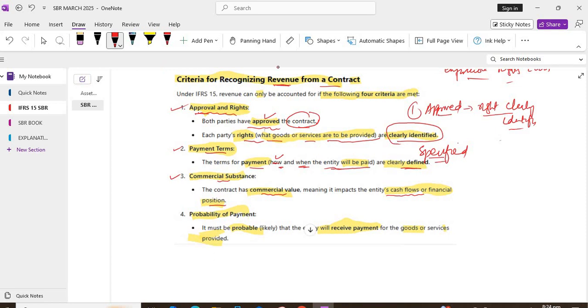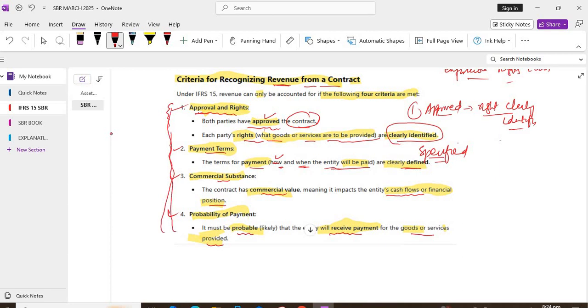The fourth one is probability of payment, meaning it must be probable that the entity will receive payment for the goods and services it is providing. So here we have four criteria which must be met before revenue from the contract is recognized. The validity of the contract is confirmed after these four criteria have been met.